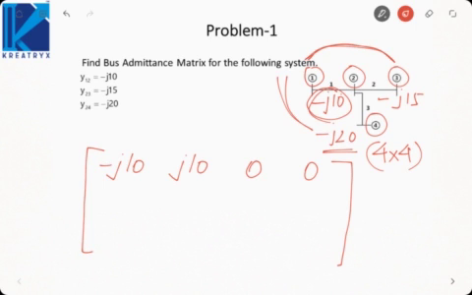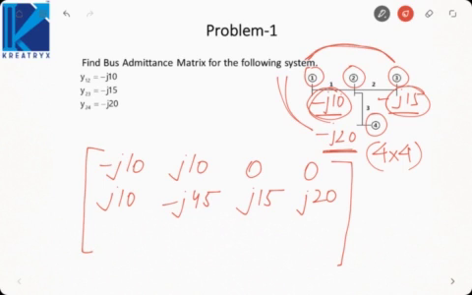Now Y21, by symmetry, will be equal to Y12, hence J10. Y22 is the sum of admittances connected to bus 2: minus J10, minus J15, minus J20, that is minus J45. Y23 is the negative of the admittance between 2 and 3, J15. Y24 is the negative of the admittance between 2 and 4, that is J20.